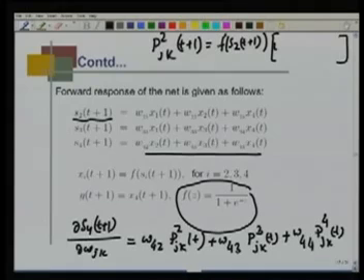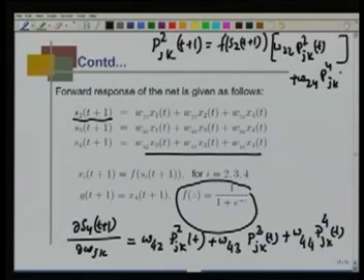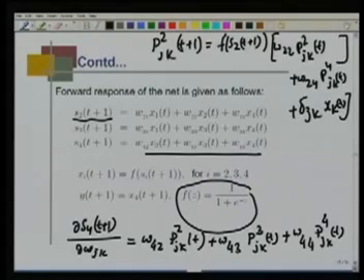So, that is W22 P2JKt plus this one is W24 P4JKt plus, as we said, this is delta JK XK. That is if JK is either 21 or 22 or 24, then corresponding term x1t or x2t or x4 will appear here.